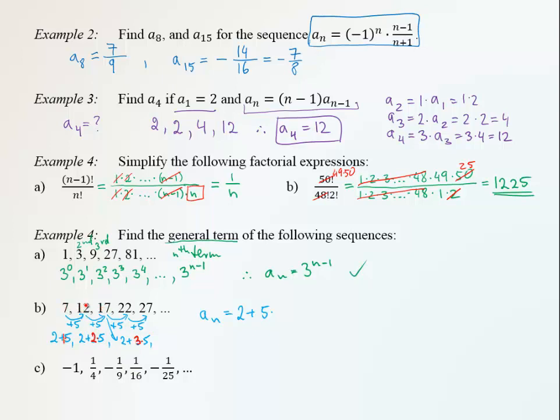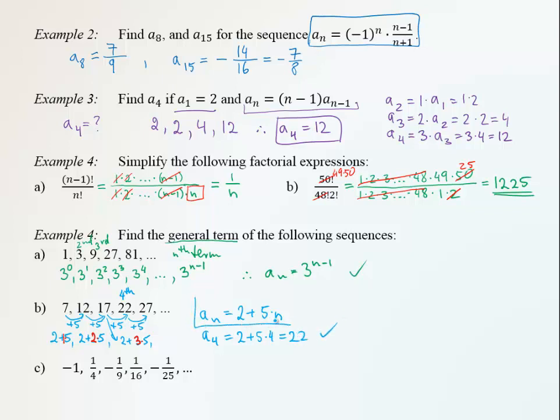That was first term 1, second term 2, third term 3. Therefore we can guess that the nth term will be 2 plus 5 times n. And then we can check just by plugging in a couple of n's and see if it works. For example, the fourth term, a4, according to our formula, will be 2 plus 5 times 4, which is 22. So it confirms.